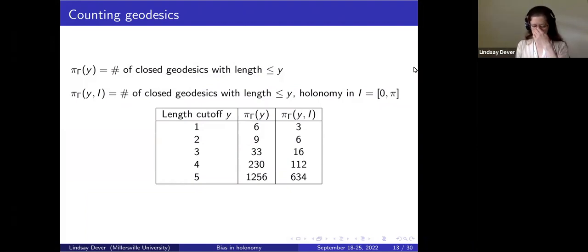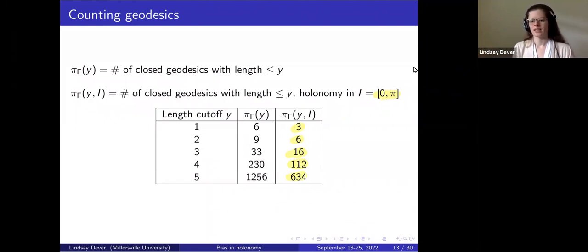If we compare these two columns, we can see that if we restrict holonomy to this interval, we're getting about half the number of geodesics than if we look at all of the closed geodesics up to length y. And this makes sense because our holonomy interval is from 0 to pi, which is half of all of the possible angles between 0 and 2 pi.